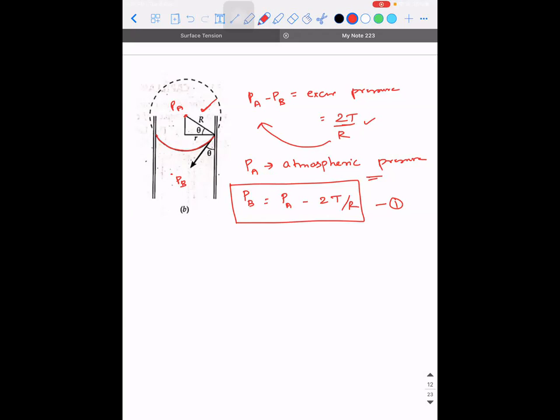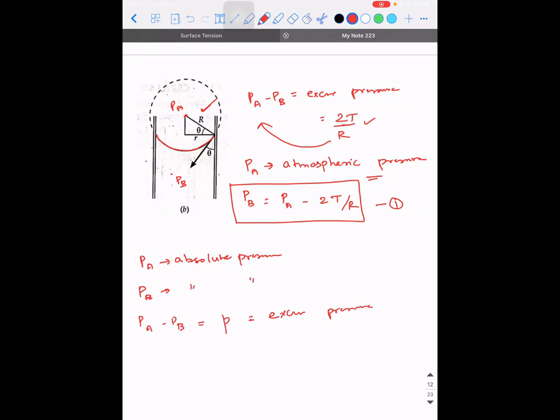Yes, PA, right? So if PA is having more pressure, then what do you mean by excess pressure? Excess means what? PA is absolute pressure. Absolute means it's the exact value. PB is absolute pressure. But PA minus PB is what is called small p, which is excess pressure.